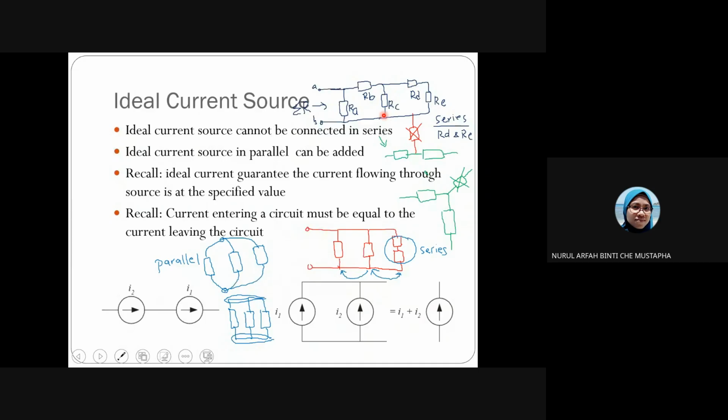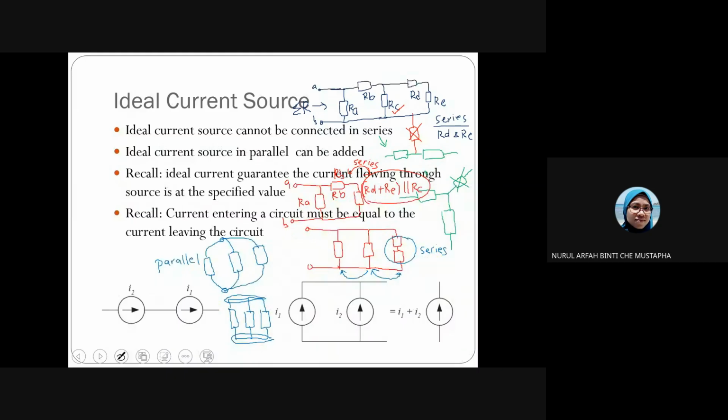Yeah, series. So if I write it down in terms of equation, here we are, RD in series with RE, parallel with the RC, then in series with RB.